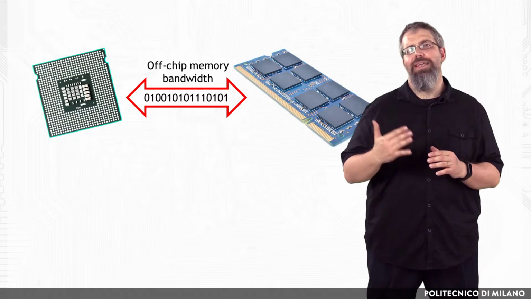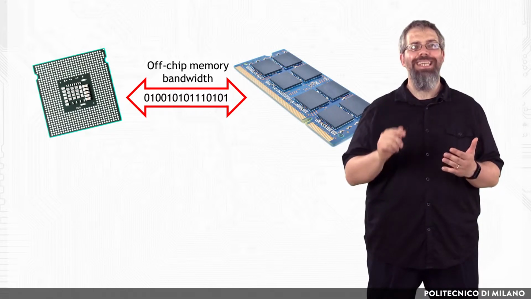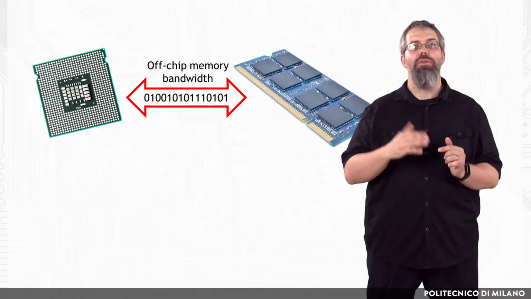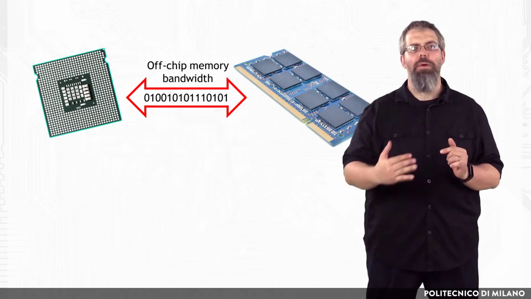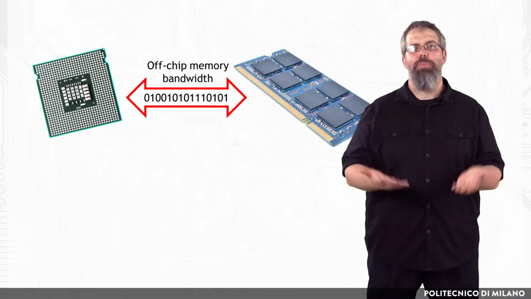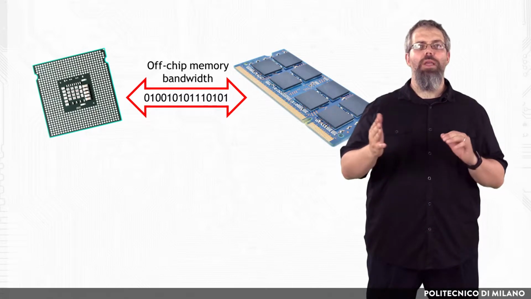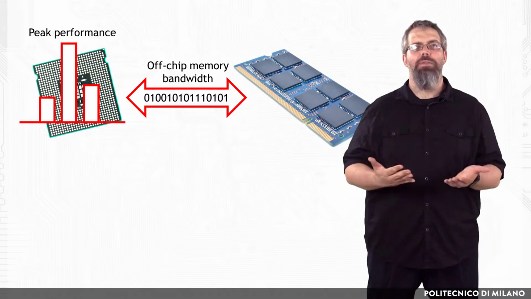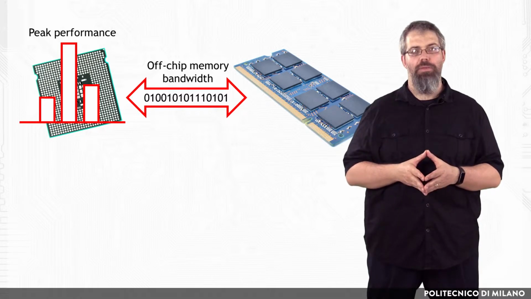Hence, a model for analyzing the performance of an application needs, at the very least, to consider both the memory bandwidth towards the off-chip memory and the computational capability of the chip, given as peak performance. Both the off-chip memory bandwidth and the peak performance are performance upper bounds, which are architecture-specific and do not depend on the given application.